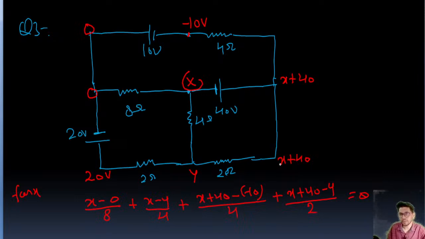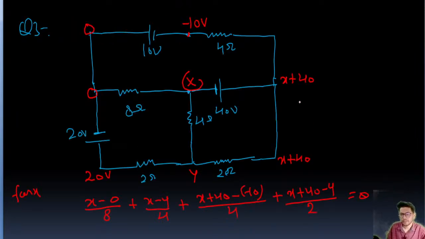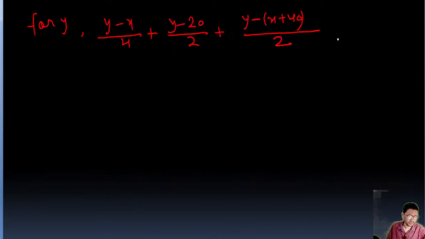Now this one, y minus x plus 40 upon 2 ohm, that is equal to 0.